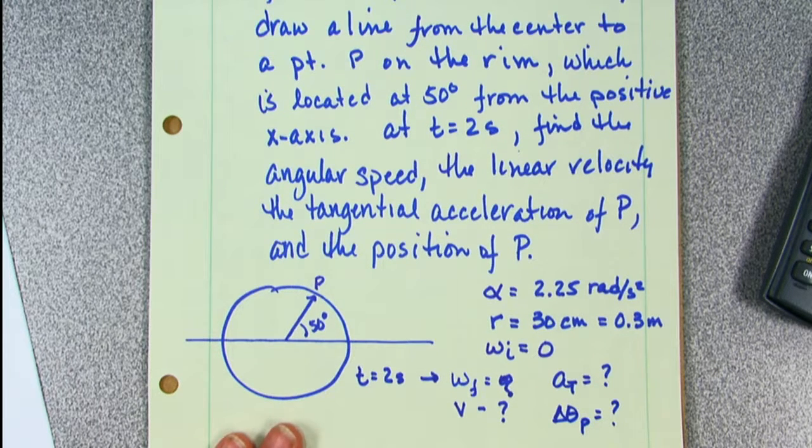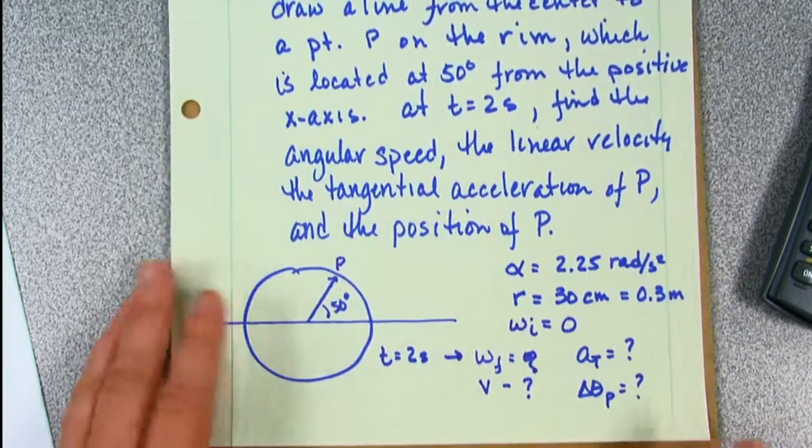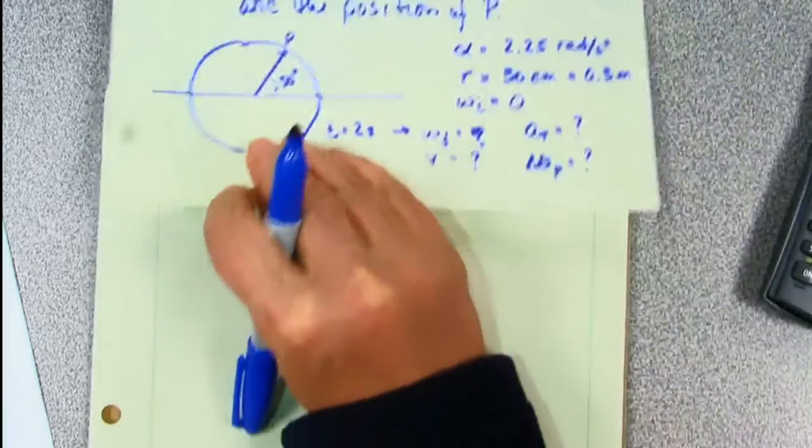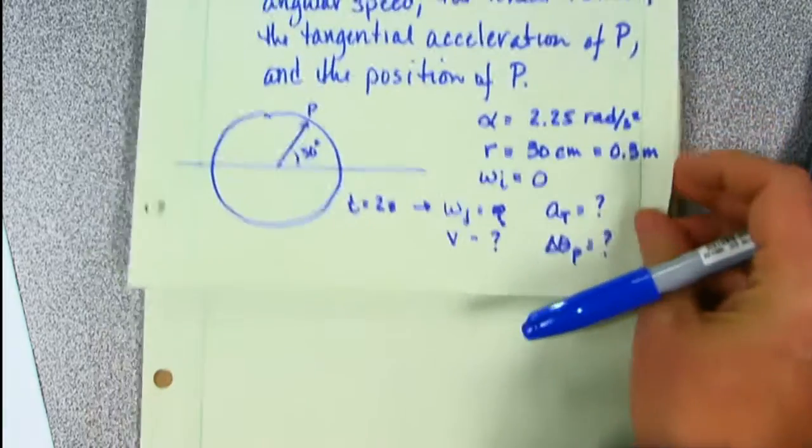So the trick to these problems is figuring out what my starting condition is, what information I have, and what information I need. And you don't necessarily have to work it in order.